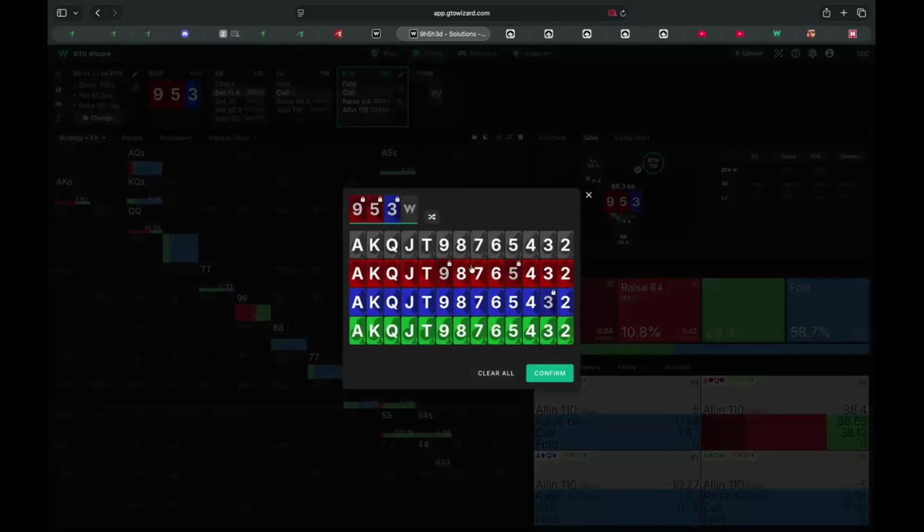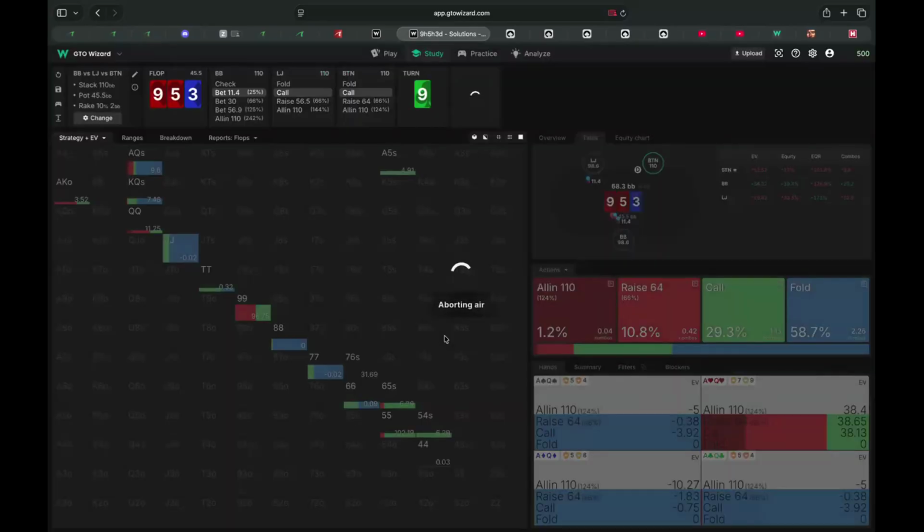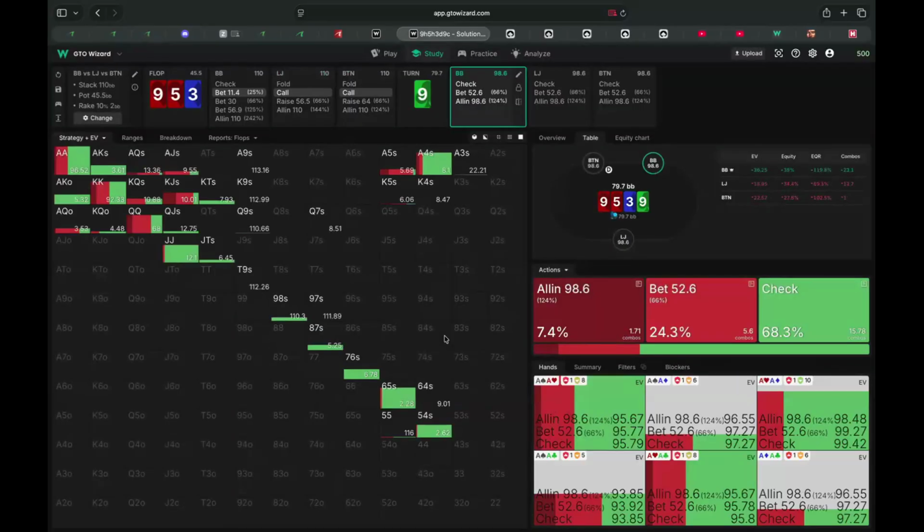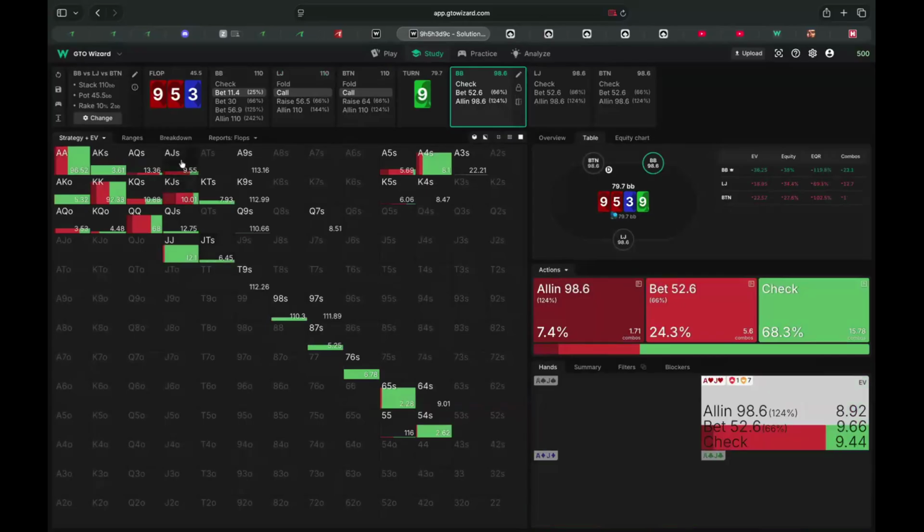And what was the turn? The turn was the 9 of clubs. And then the first guy checks, and then the second guy goes half pot.